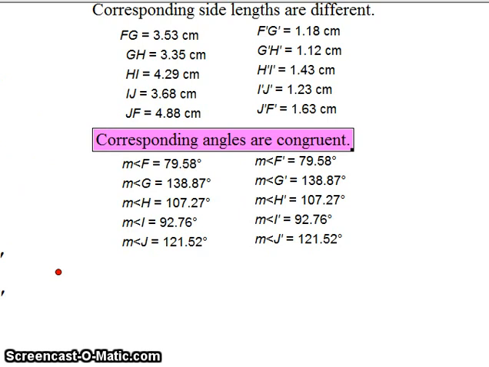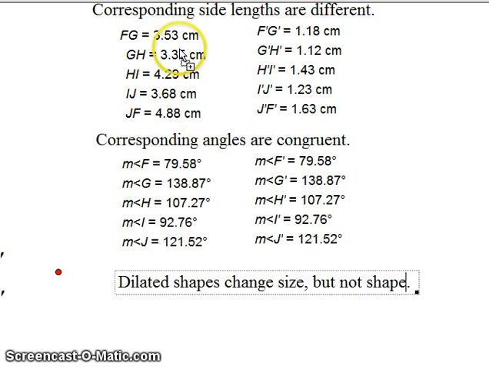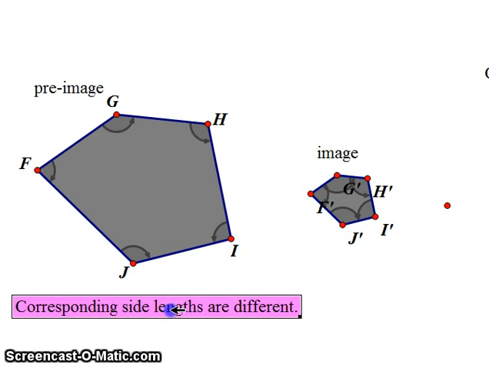That supports our original statement: the dilated shape changes size but not shape. We do have a relationship between the angles. Corresponding angles are congruent, but the corresponding side lengths are different. Because we have a dilation, the corresponding side lengths are different.